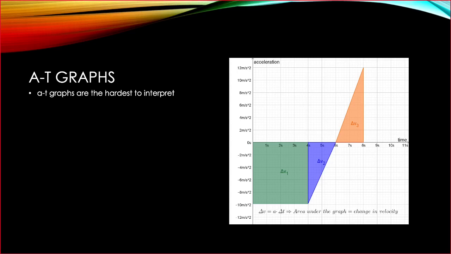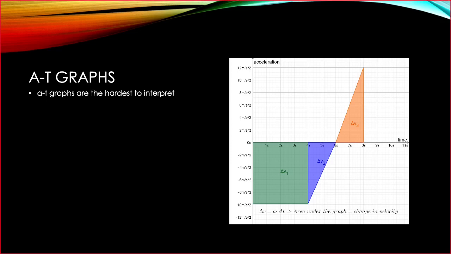And then at 6 seconds, the acceleration is 0. At just that second, we have no change in velocity. And then on the positive side, we have a positive acceleration. That means that we are now increasing our speed compared to the 0 point or the negative value.